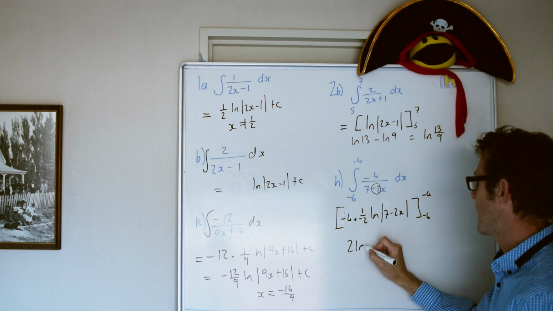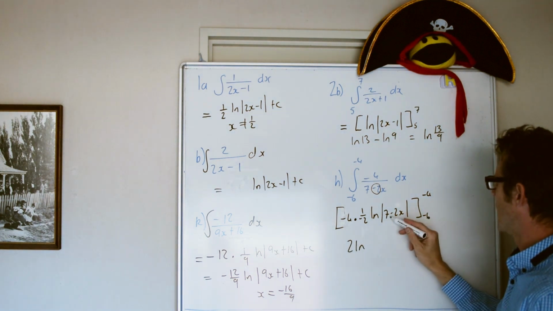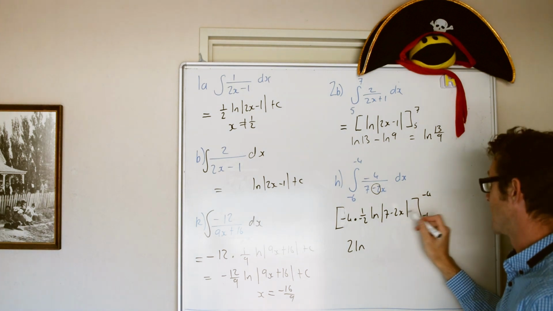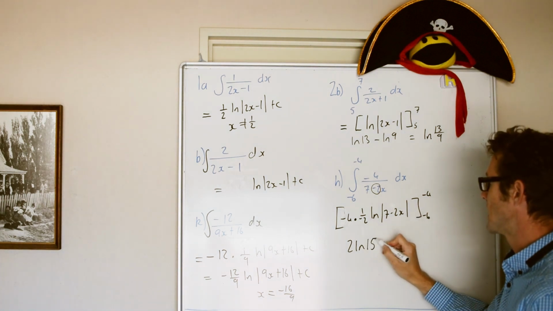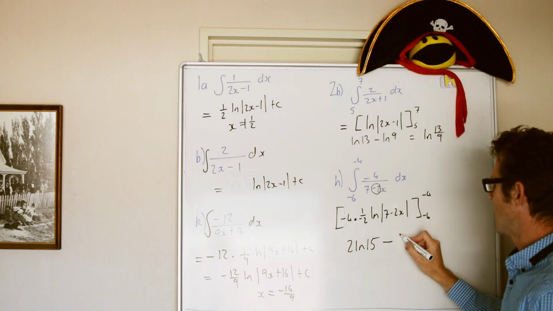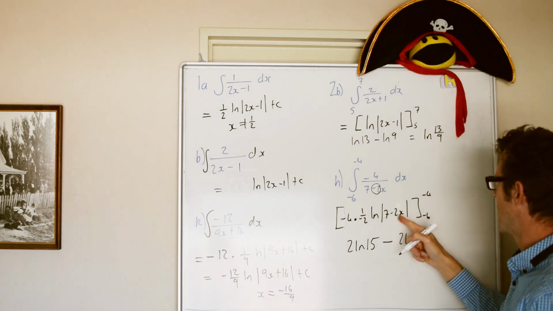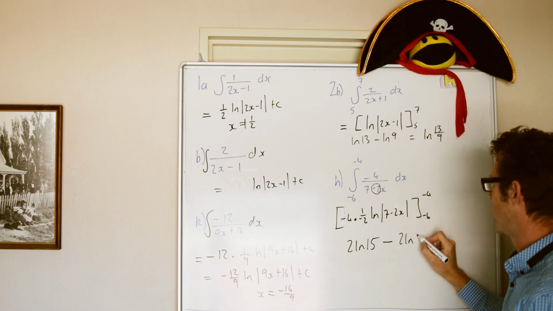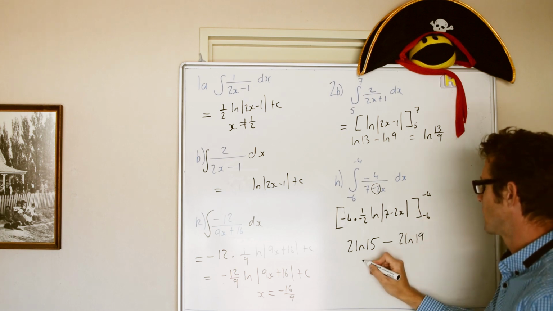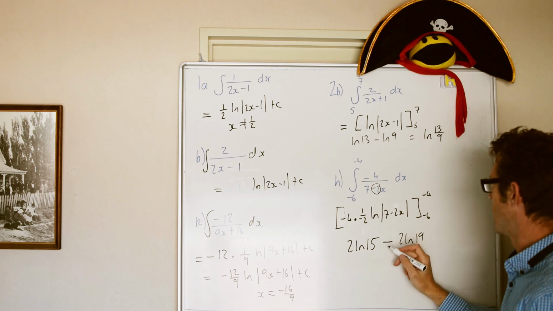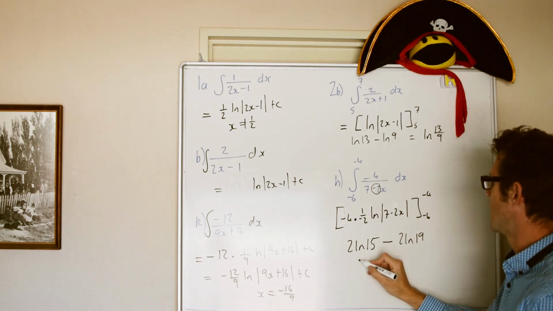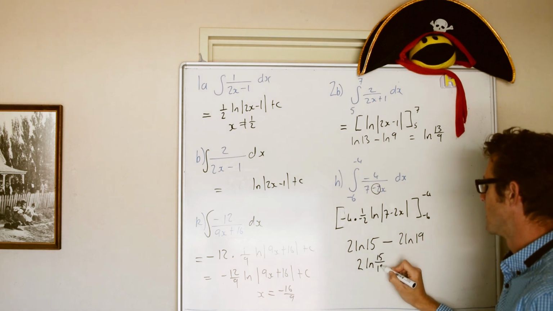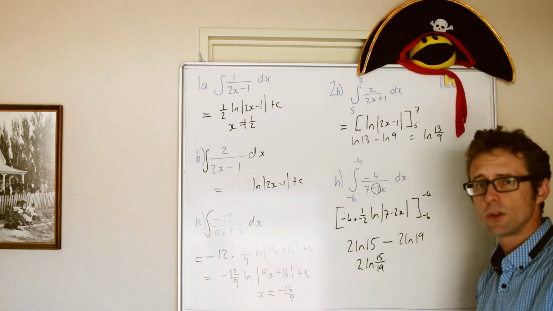So we're going to have 2 ln 7 minus 8, which is 7 plus 8, so 15, minus 2 ln 7 minus 2 times minus 6, which is positive 12, so 19, which is going to be, I think that's right, 2 ln 15 over 19. And that is how we do those ones.